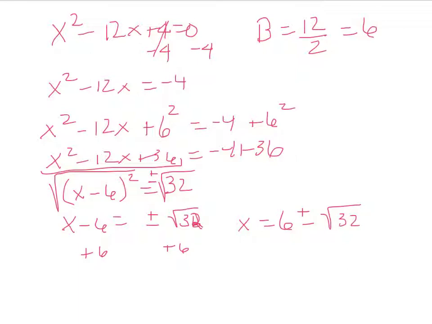And 32 can be reduced to x equals 6 plus or minus the square root of 16 times the square root of 2. So now I can simplify the square root of 16 to 6 plus or minus 4 square root of 2. And now I'm done.